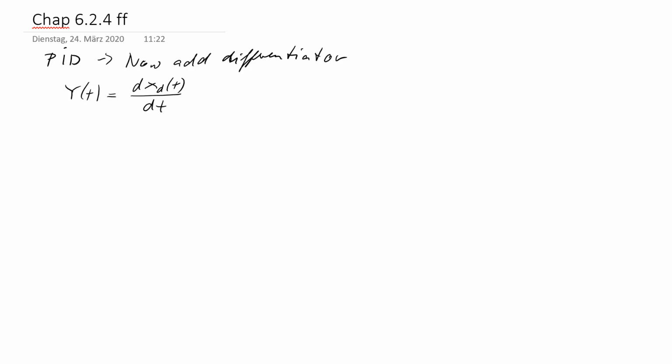Don't forget, if we have a very simple block, x control difference input, y output, then this is a differential equation. Now I try to show you a graphical conversion into a digital algorithm. It works in the following very simple way.